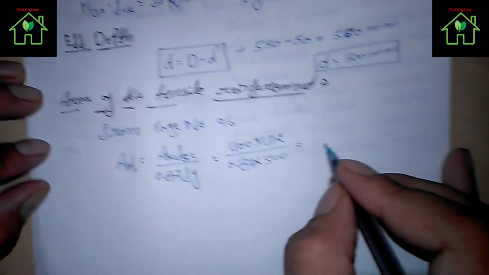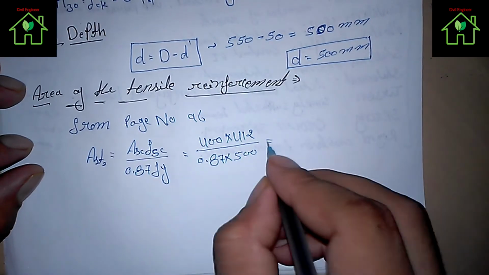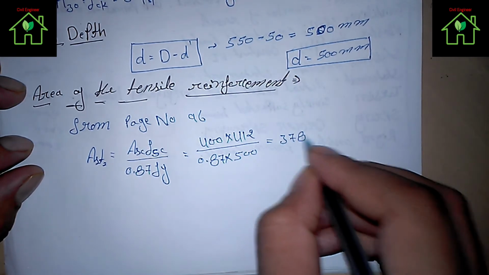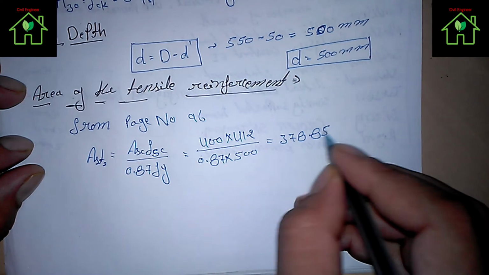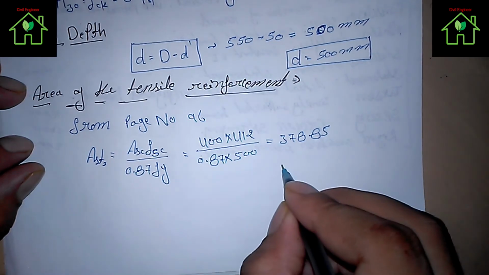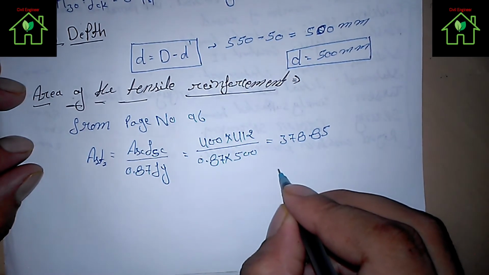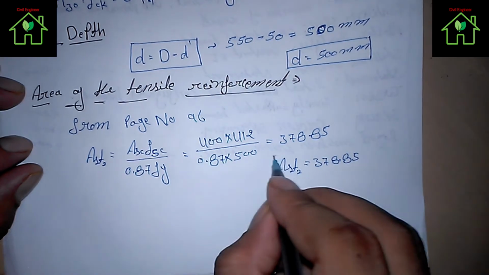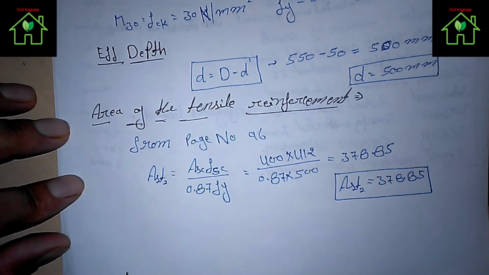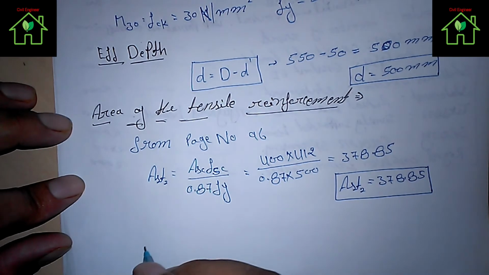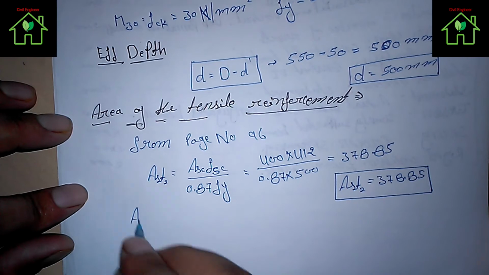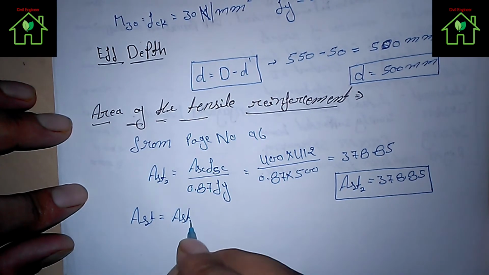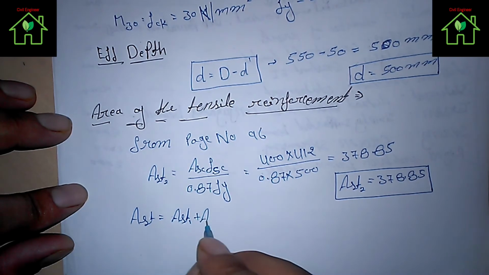After calculation, we will get the value 378.85. So here we have got the value of Ast2, 378.85. We have the formula of area of the tensile reinforcement, that is Ast is equal to Ast1 plus Ast2.